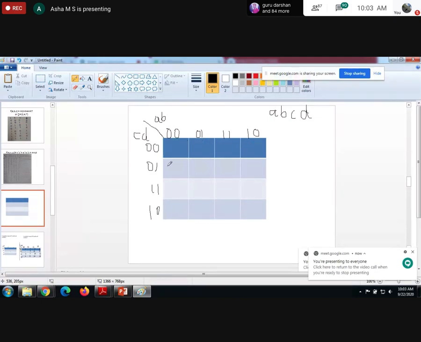If you use the horizontal way also, it's correct. The thing is, when you minimize, you will get the variable names reversed. It's better we use the vertical way because that is what they have solved in the textbook. Even if Lavanya and one more person have written horizontally like 0, 1, 2, 3, 4, 5, 6, 7, that is also correct.